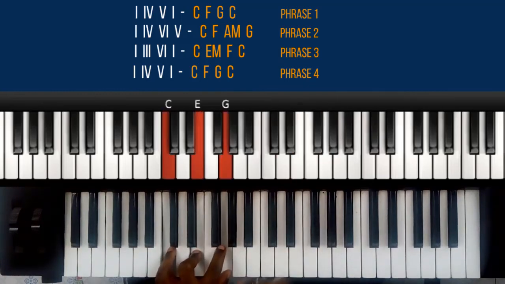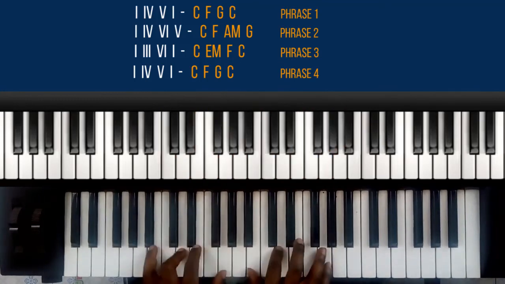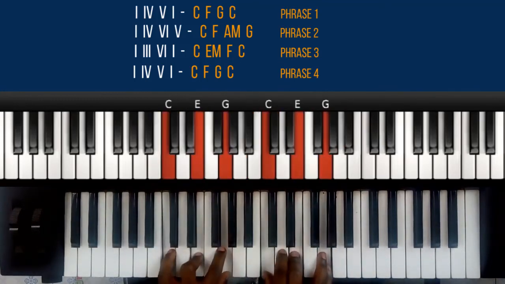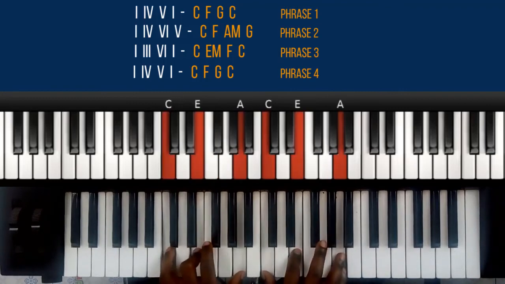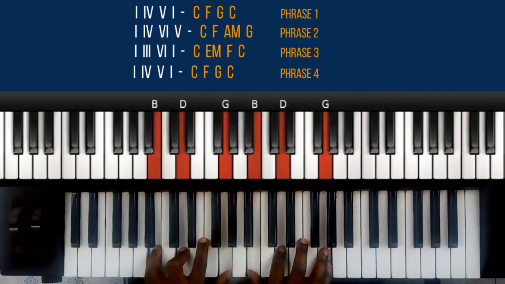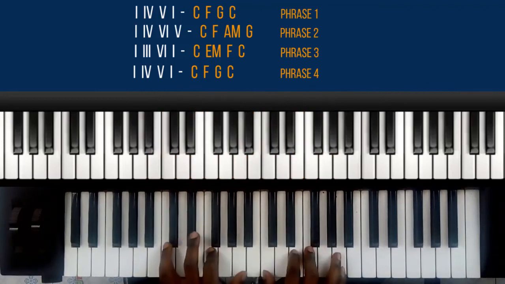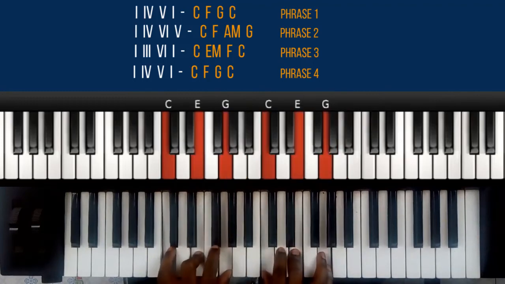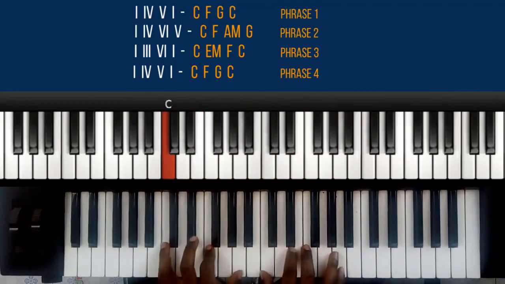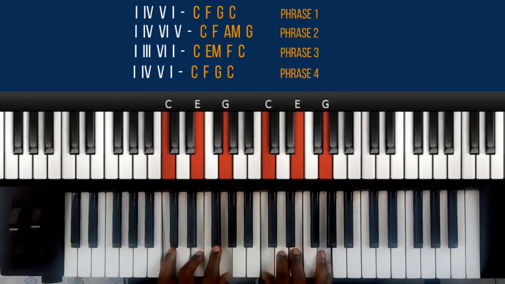So the first line is 1 4 5 1. Then phrase 2, 1 4 6 5. Phrase 3, 1 3 6 4 1, and then 1 4 5 1.